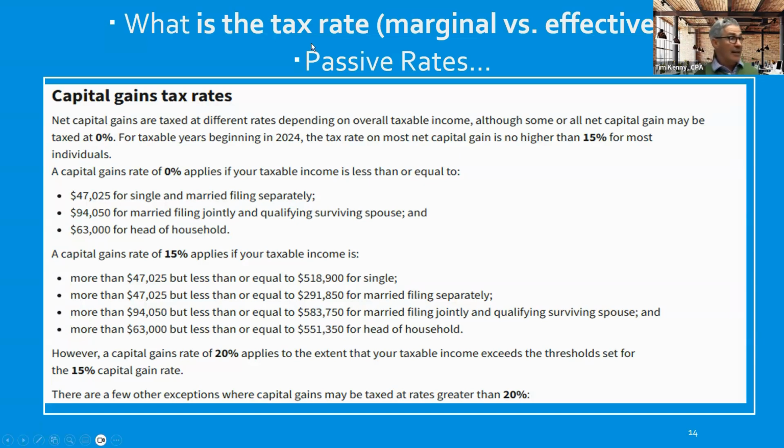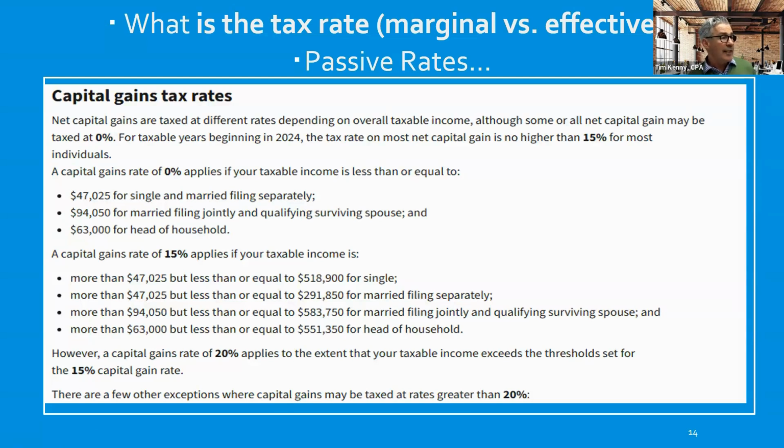Currently, if you're a single filer or married filing separate and your taxable income is less than or equal to 47,025, the capital gain rate is 0. So having a 0 capital gain rate is kind of like the ultimate. Now, moving up, normally the rate that we see is 15%.